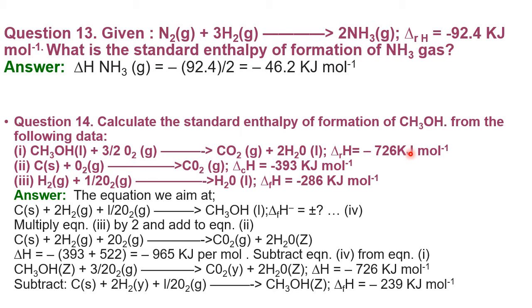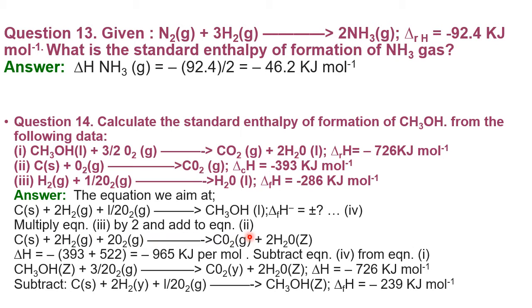This type of example we already did in our previous session, yesterday, I think in example number 5. So it is similar to example number 5. So what is our aim? We have to aim for this equation.